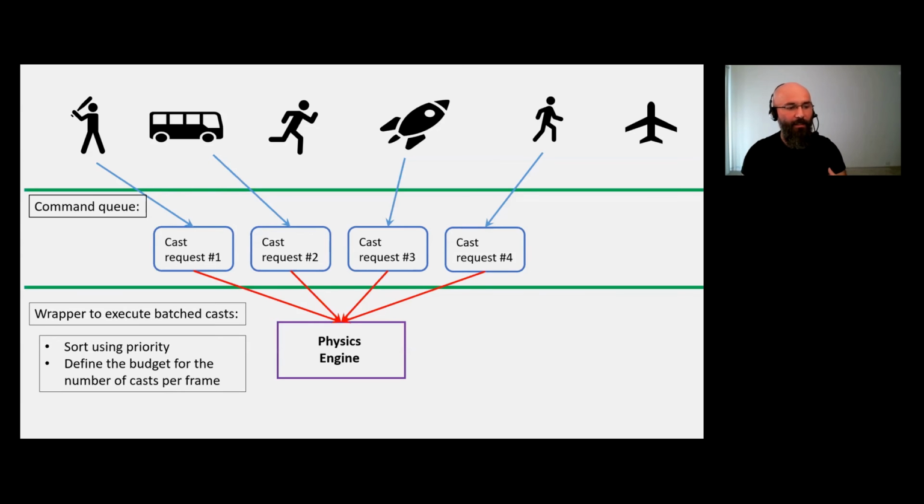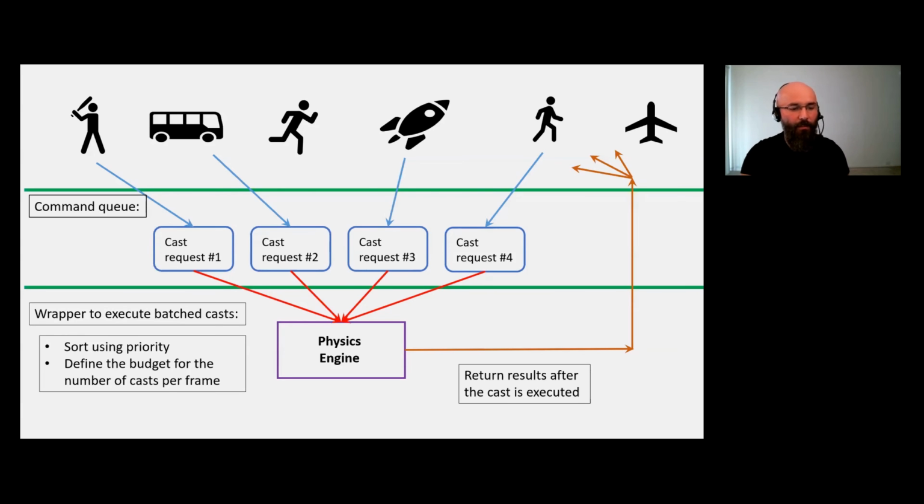And then depending on that, the wrapper just takes my request and executes it in one place on the physics engine. And once I get the results, I'm giving them back to the clients after the cast is executed. So it could be a few frames later, but it gives me an extremely effective way of controlling the maximum amount of casts executed in one frame.